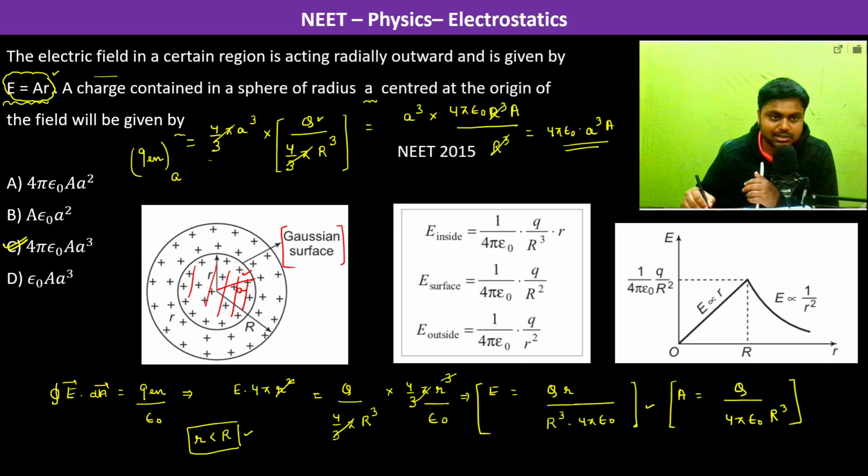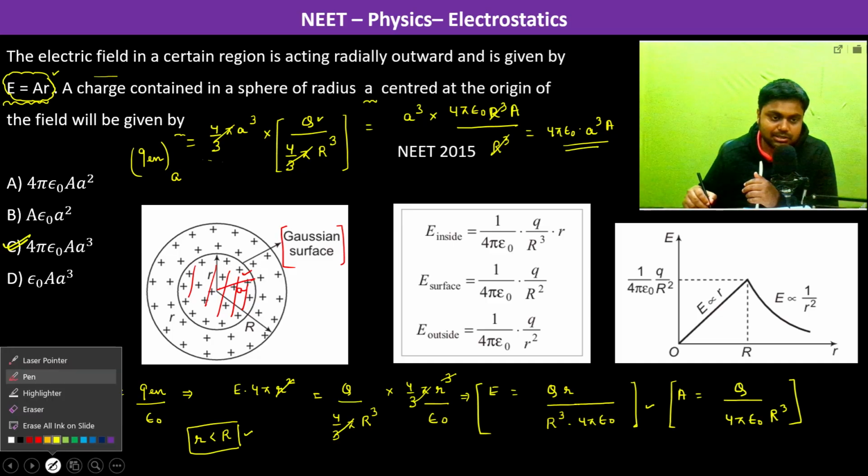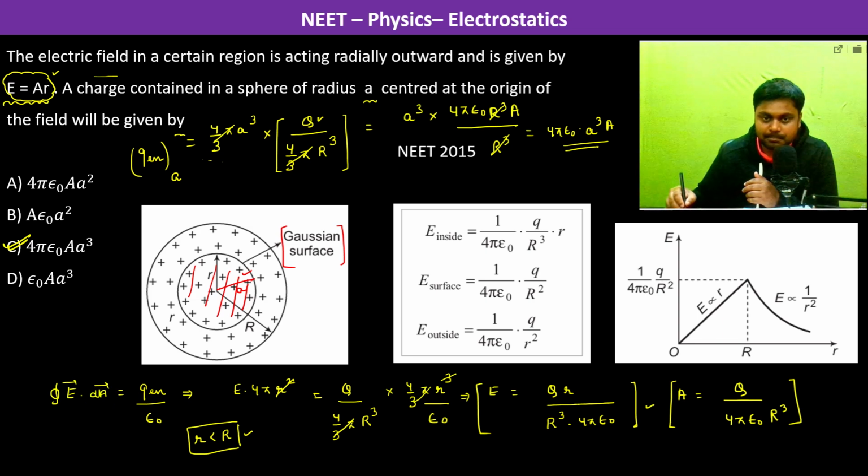So therefore the answer is C. And we derived it, but generally we can remember that the electric field inside is linearly dependent upon r, and we can see this in the graph also.